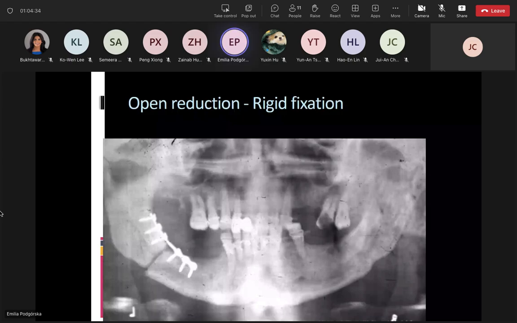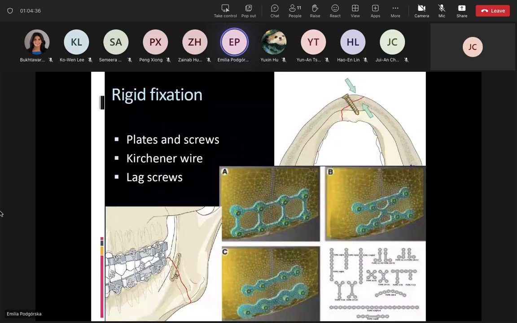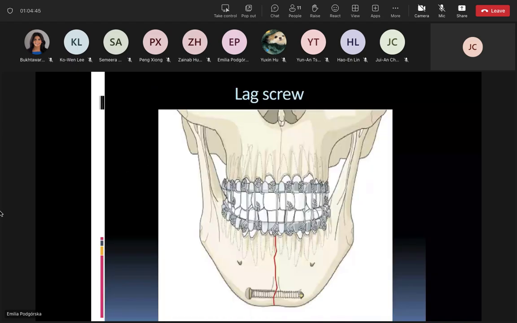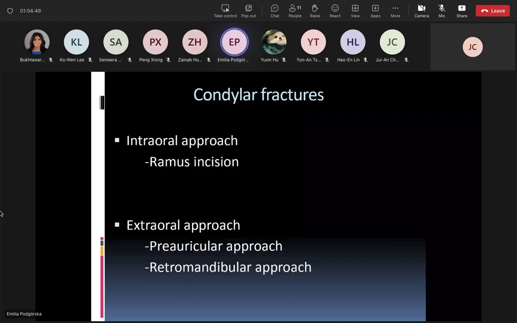Rigid fixation, plates and screws. Condylar approaches: intraoral approach, extraoral approach, retromandibular approach.